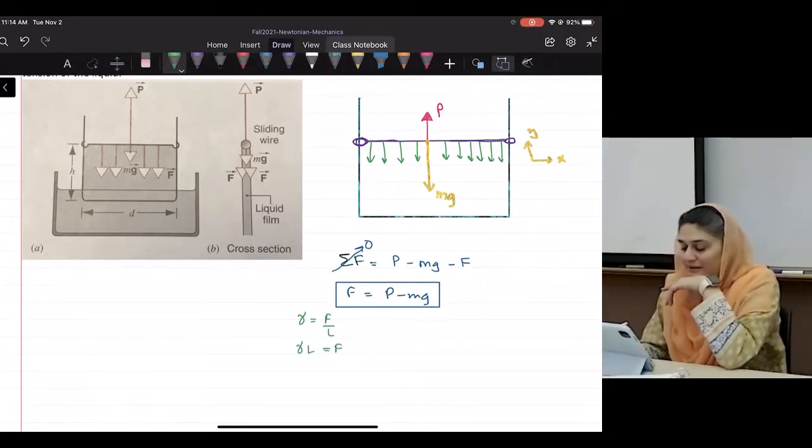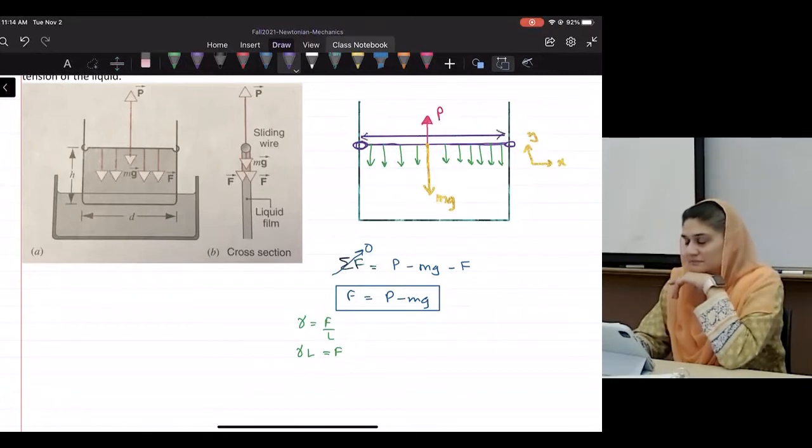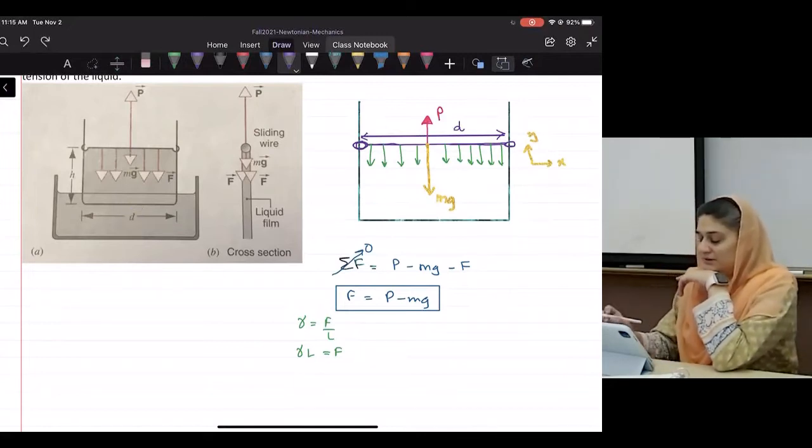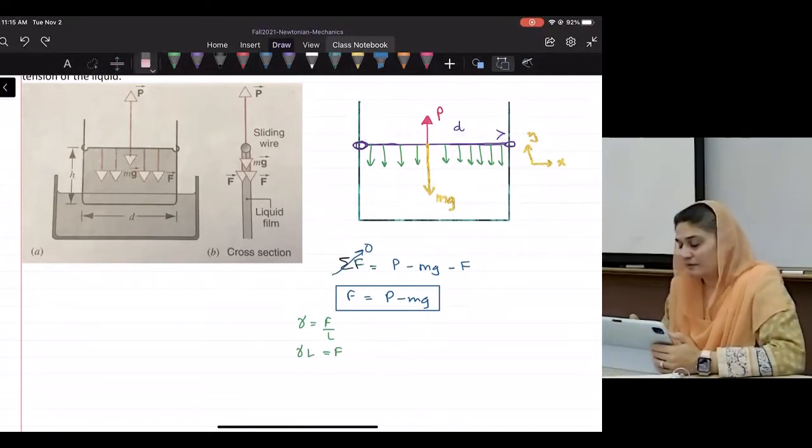What is L in my case? Is this my L? And that they gave me as D here, right? Okay, do they give me a value for D? Yep. Also, how many surfaces will there be? If I'm holding this up, how many surfaces will I get?